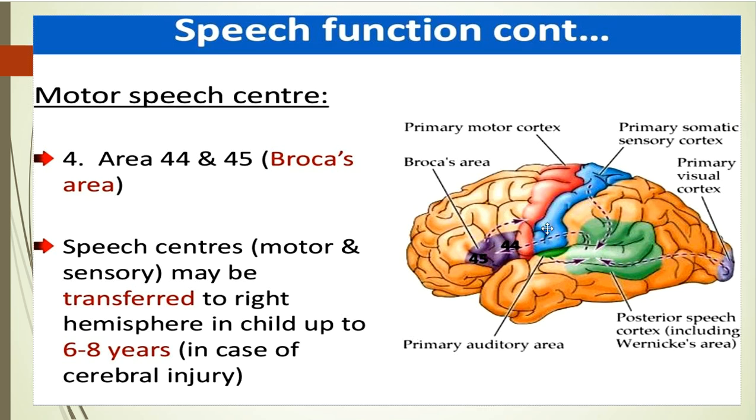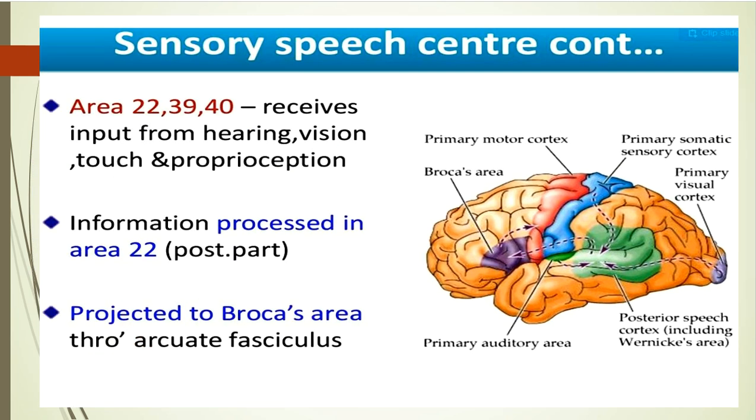Here we can see, as we said laterally, the areas 22, 39, 40 receive input from hearing, vision, touch and proprioception, and information is processed in area 22, that means in the posterior part, then projected to Broca's area through the arcuate fasciculus.